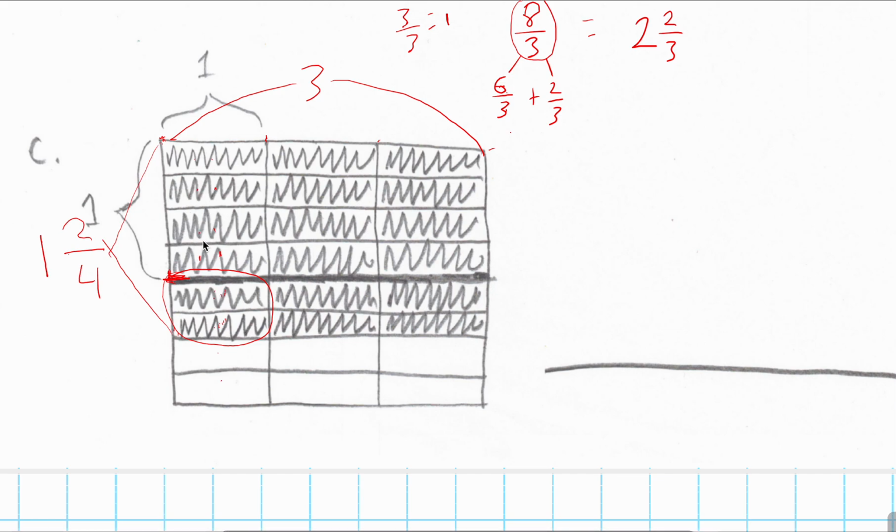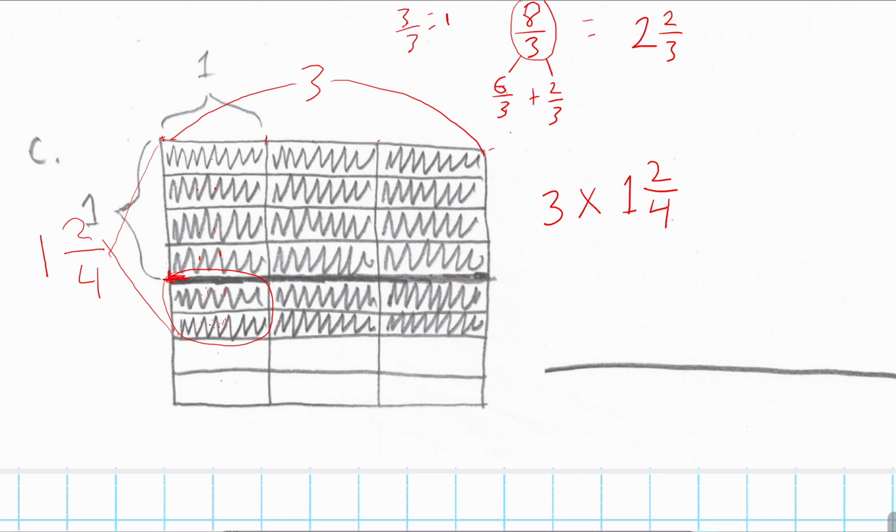That's one whole. And then I have another 2/4 here. So I have one whole and 2/4. All we have to do is multiply length times width. So this is going to be our expression: 3 times 1 and 2/4.